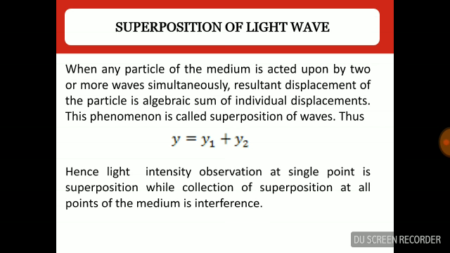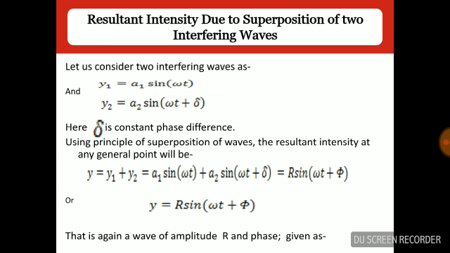Hence, one can conclude that superposition is the observation of the intensity at a single point, while interference is the collection of all superposition points.